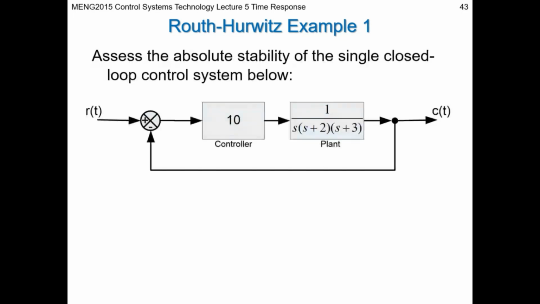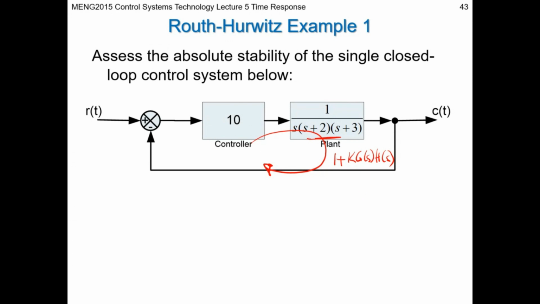So we're going to form our characteristic equation first of all. It's a closed loop transfer function, so it's not just the denominator of the plant, don't forget that. It's a closed loop system, so it's 1 plus kgh.